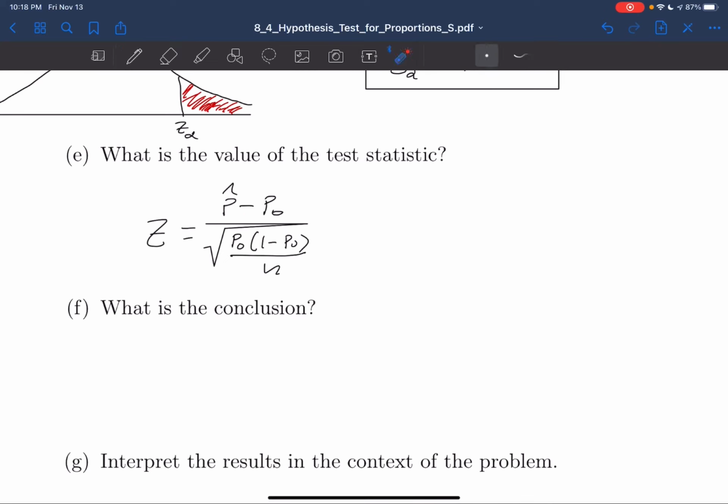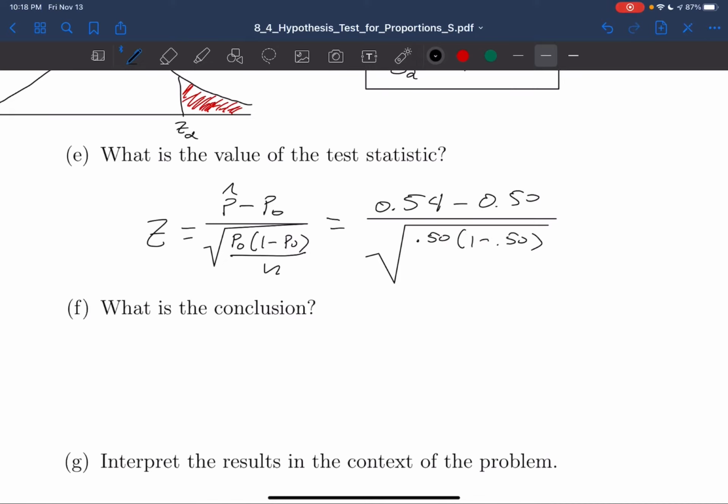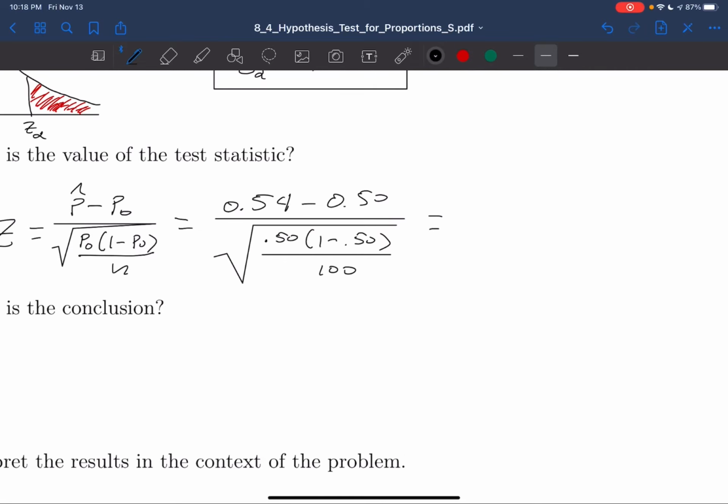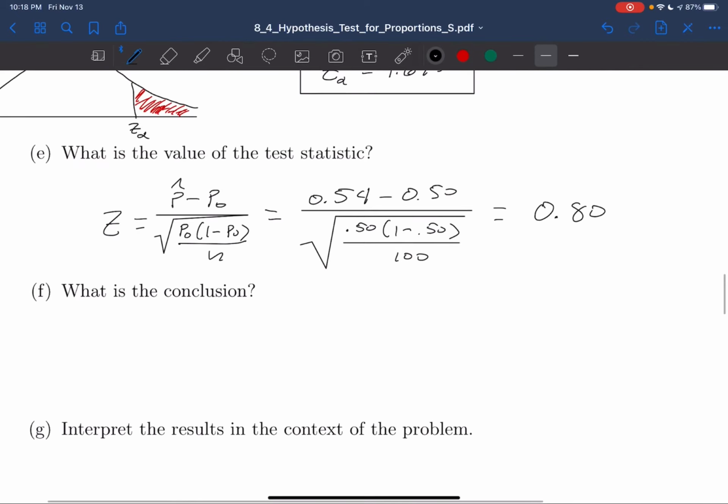So this is going to be equal to 0.54 minus 0.50 divided by the square root of 0.50 times 1 minus 0.50 divided by 100. If you put this in your calculator, this is going to be equal to 0.80. It's always a good idea to round to 2 decimal places when computing our test statistic.